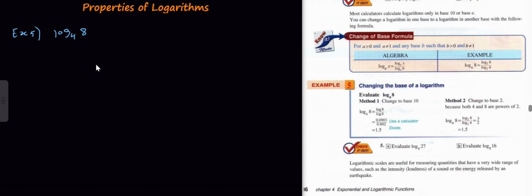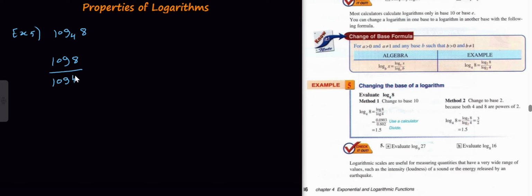So how can we solve this one? We cannot solve it by mental math, so we are going to use the fifth property. We used this property in the previous videos, in the previous section on logarithms. The rule says we change it to this one: log 8 over log 4.